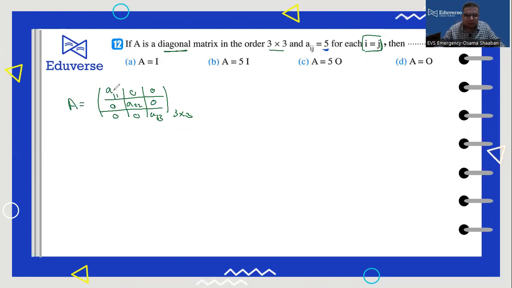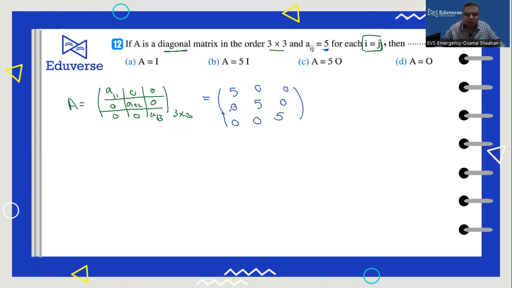So this will be 5, and here 5, and here 5. So this is a diagonal matrix, and its diagonal is 5, 5, 5.